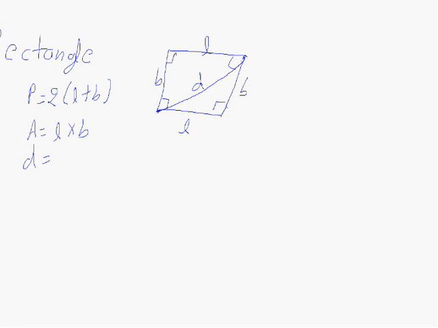This forms a right angle triangle. By applying the Pythagoras theorem, the diagonal square equals breadth square plus length square. So the diagonal equals under root of L square plus B square.